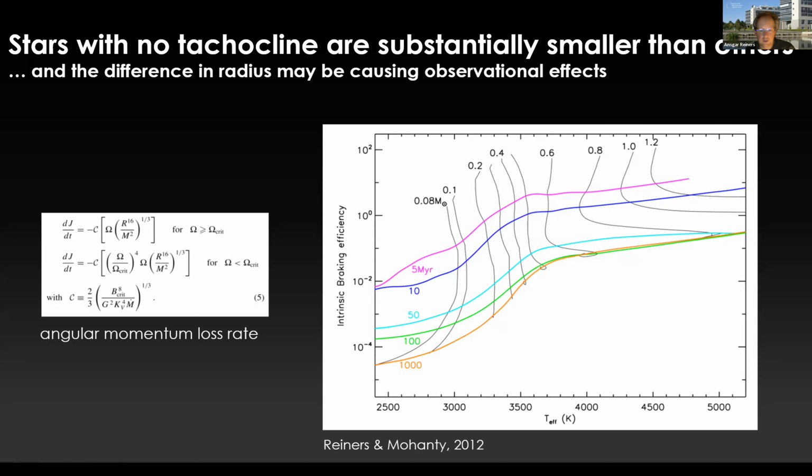This, of course, does not exclude anything about the importance of the Tachocline, but as a general summary, so far as an observer, I fail to see the obvious evidence for the importance of a Tachocline for magnetic field strength measurements, for activity rotation timescales, braking timescales, and even for magnetic cycles.